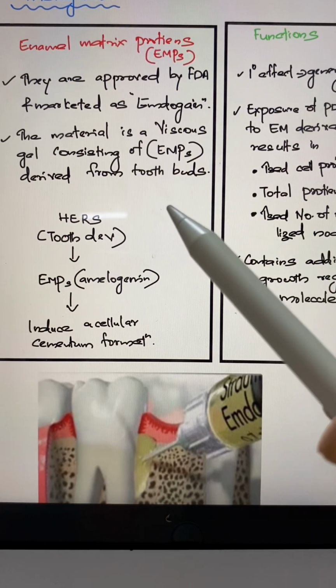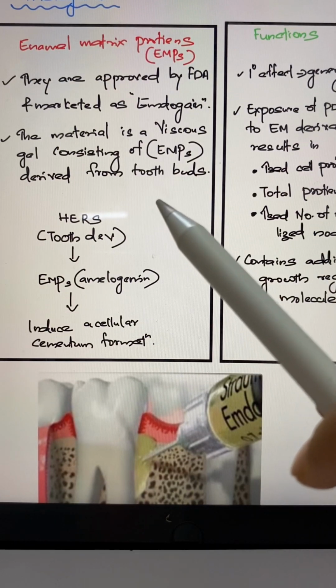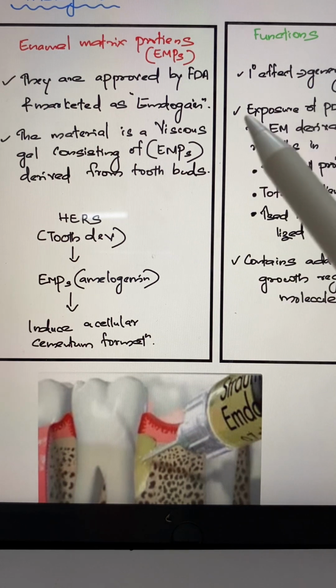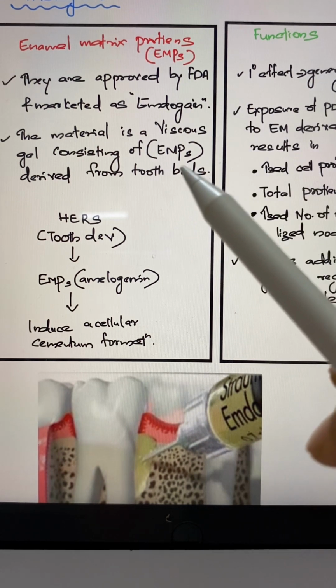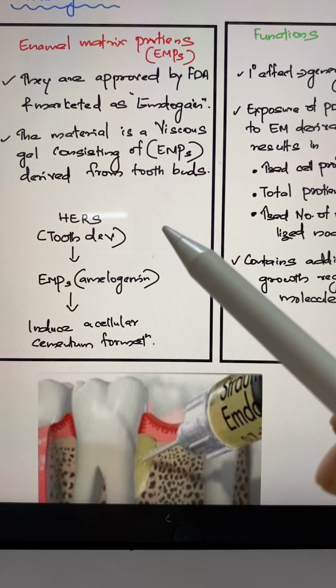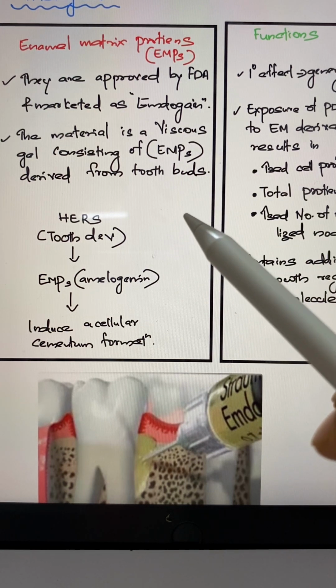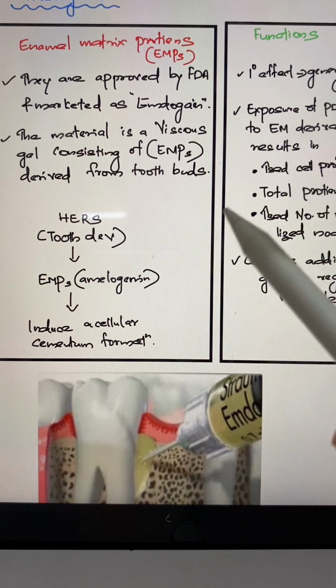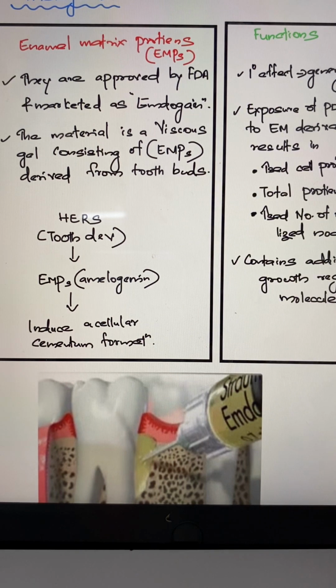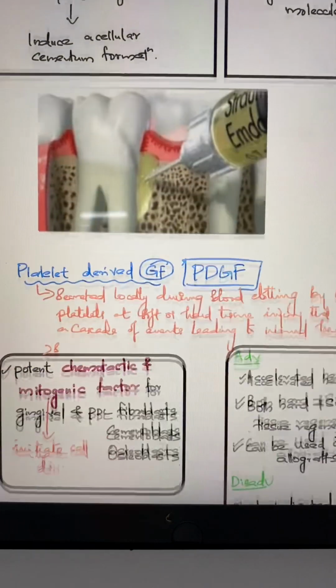They induce acellular cementum formation. That is the primary function, and they also expose the PDL cells to the enamel matrix derivative, which results in cell proliferation, protein synthesis and so on. These are the major functions of enamel matrix proteins.